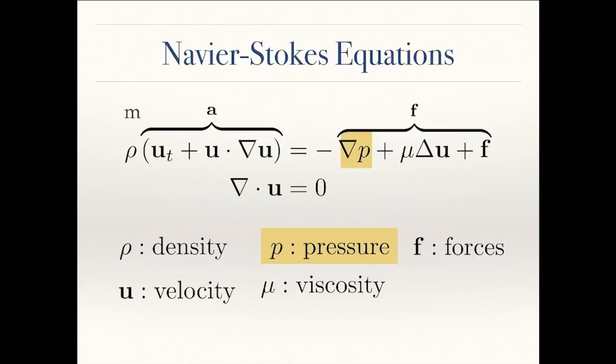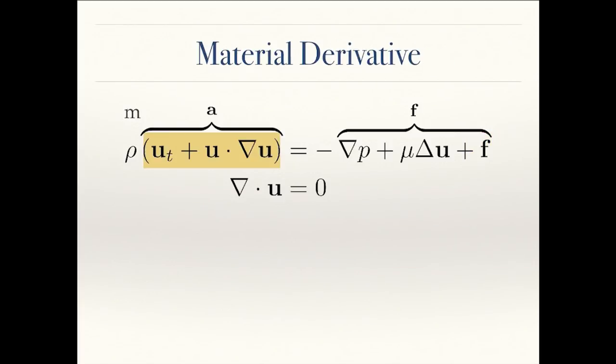This term here is the negative pressure gradient. P is the pressure. Mu is the coefficient of viscosity, but generally called the viscosity. And this term is the viscous forces acting on the fluid, which we'll discuss more. And then F here is a catch-all for any other forces that we're going to include in our fluid.